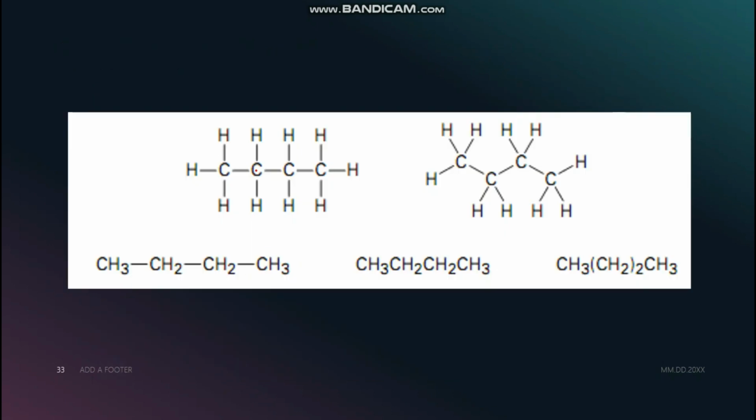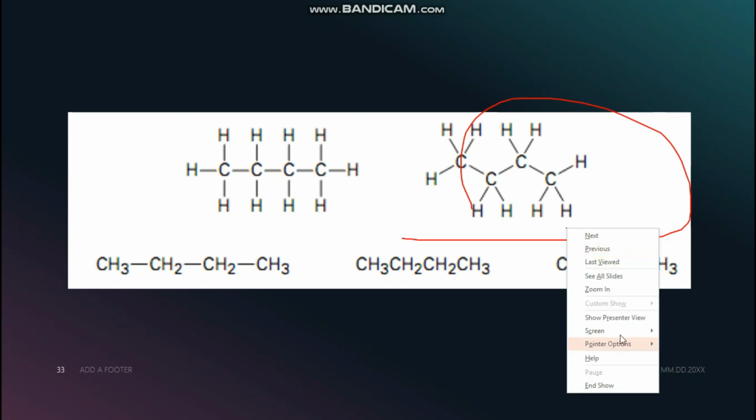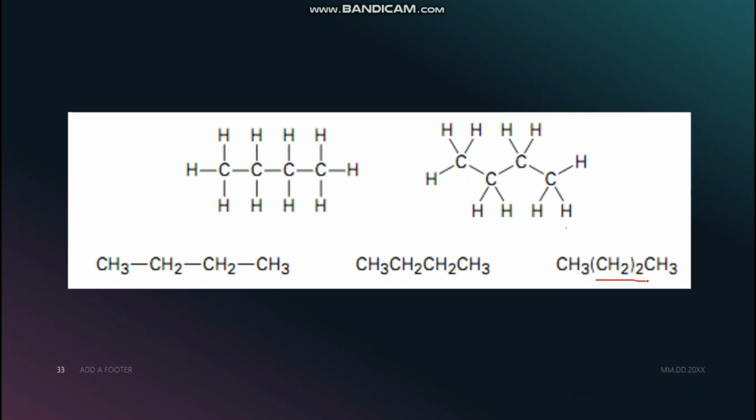So, this one is 1, 2, 3, 4. So, this is butane. This is also butane. Okay. So, when we condense the molecular formula of butane, pwede din siyang ganito. Ibig sabihin, dalawang CH2.